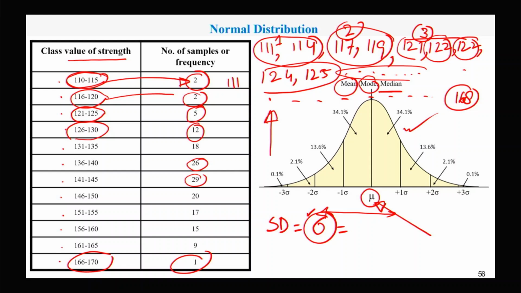Now the basic nature of a normal distribution is that the central value, here the mean, plus 1 sigma in the right side, higher side, and minus 1 sigma in the lower side, will typically consist of approximately 68% of data.